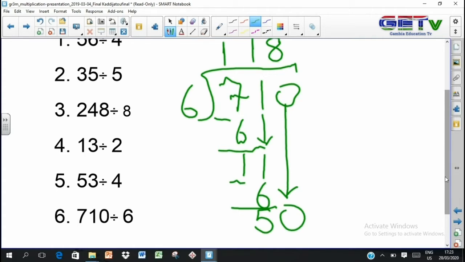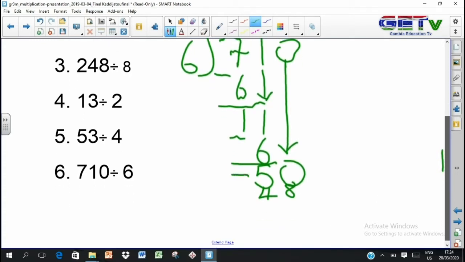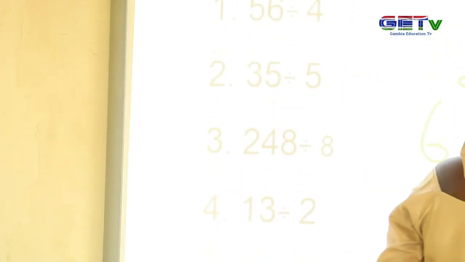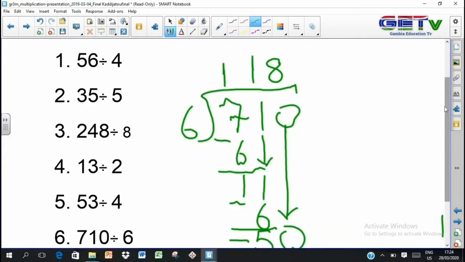And 8 times 6 is how much? 48. 50 minus 48, we got 2. So 710 divided by 6, the answer is 118 times, remainder 2. Now the correction is over.